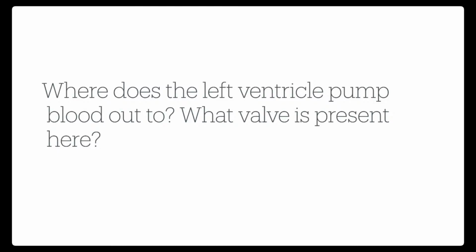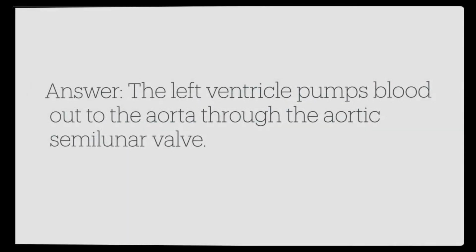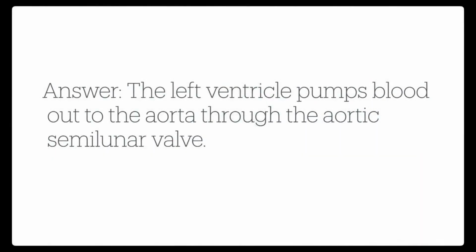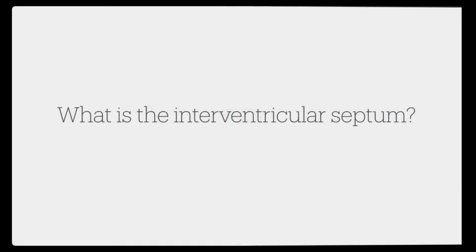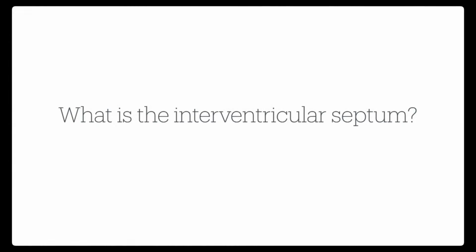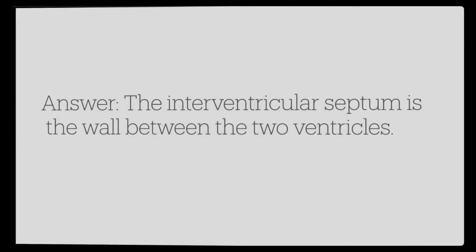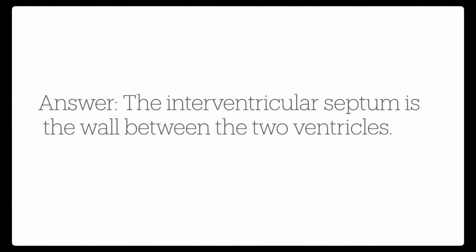What valve is present here? That's right. The left ventricle pumps blood out to the aorta through the aortic semilunar valve. What is the interventricular septum? That's right. The interventricular septum is the wall between the two ventricles.